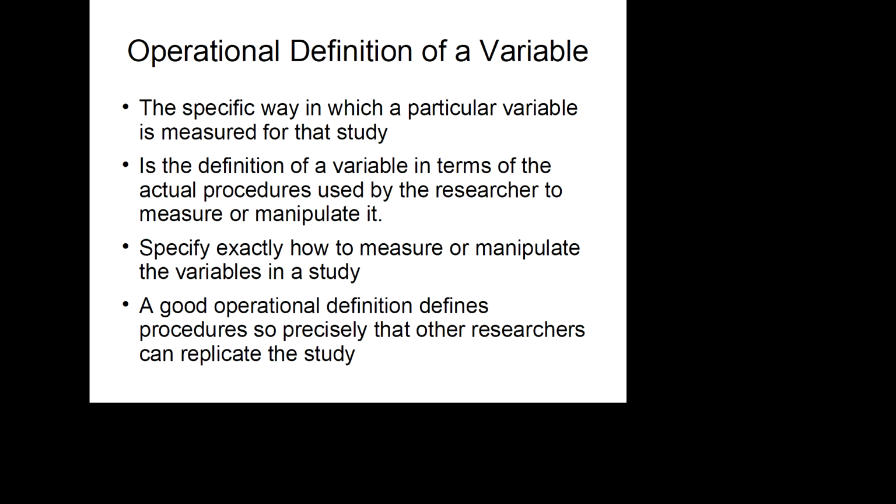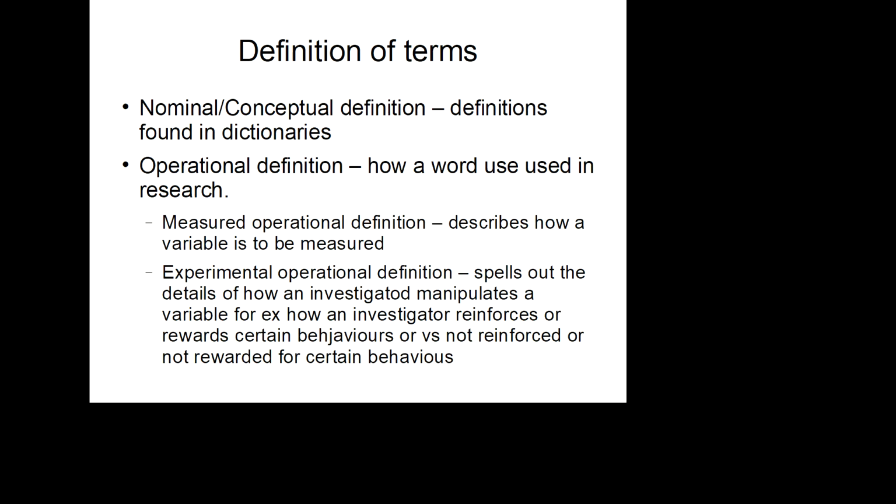An operational definition of a variable is exactly how a particular word is used within the context of a particular research. Nominal conceptual definitions are definitions found in dictionaries or textbooks, and the operational definition is how a word is used in research.